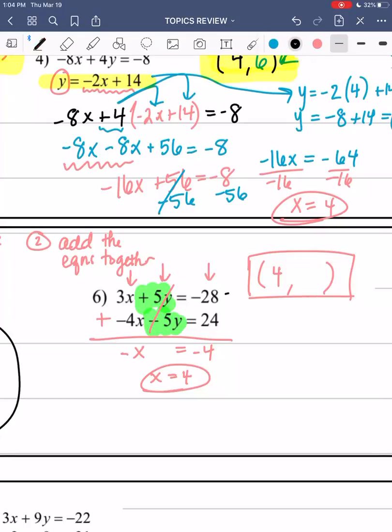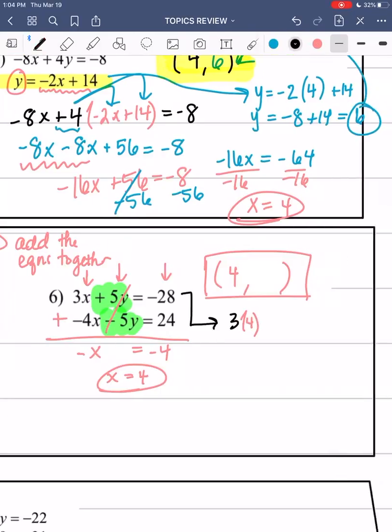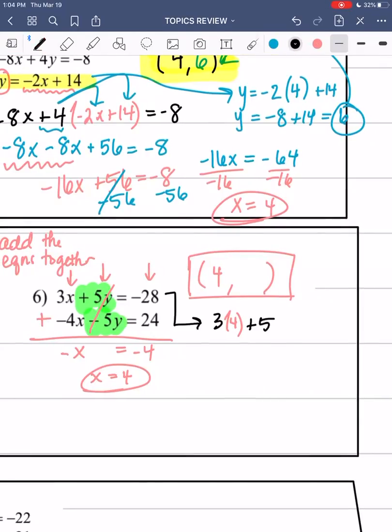So I'm going to take the first equation, 3x. Oh wait, I know what x is, right? So I don't want to write x, I want to write 4. Okay, plus 5y equals negative 28. Okay, here we go. 3 times 4 is 12, plus 5y equals negative 28. Okay, trying to get y by itself now.